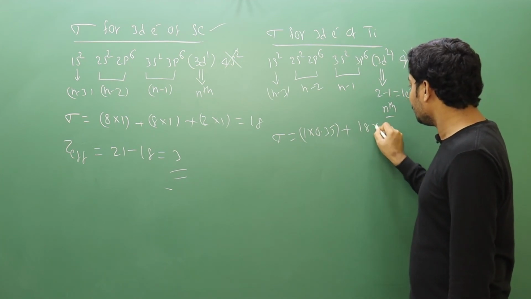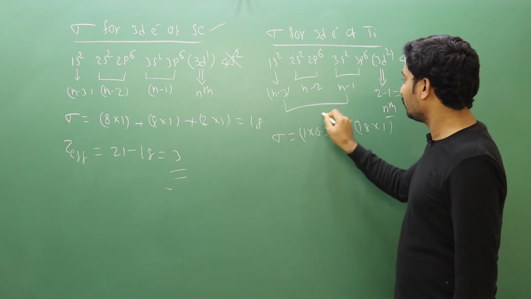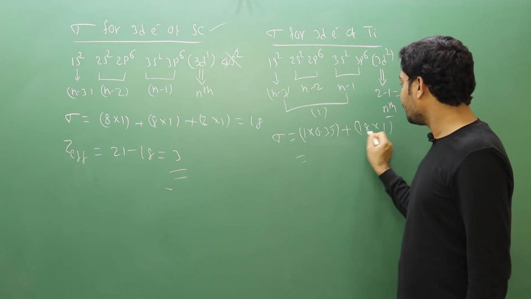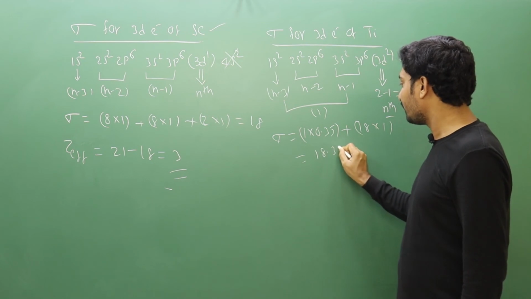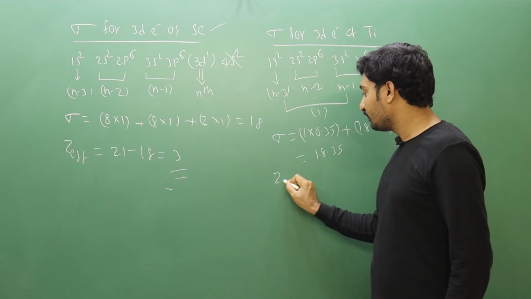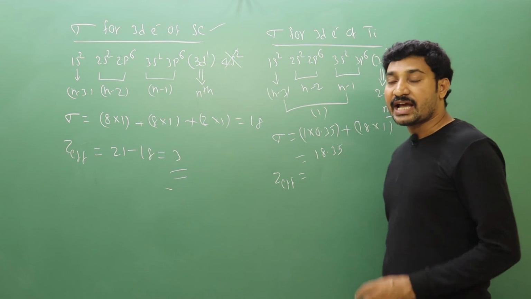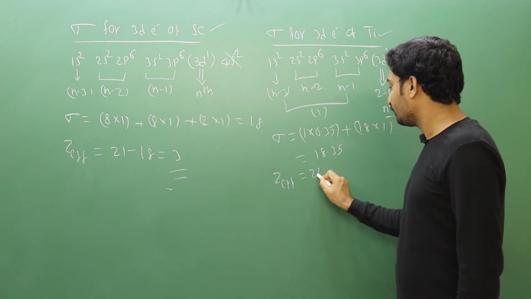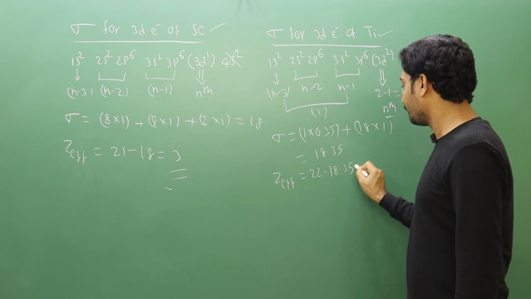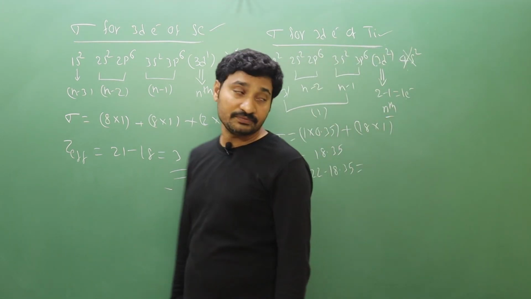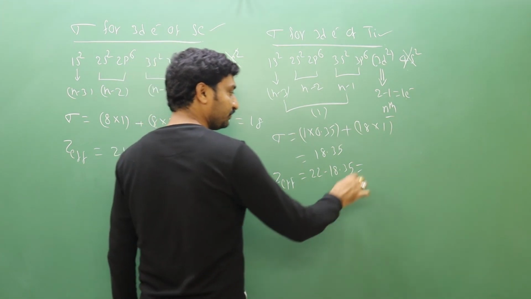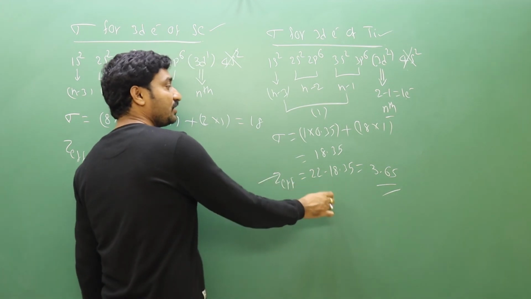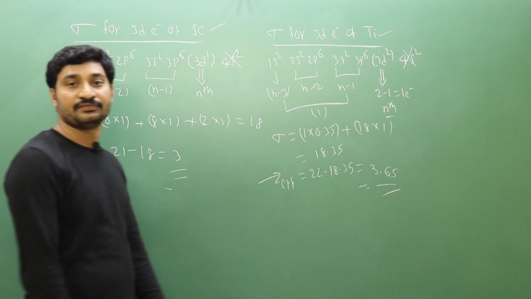So 18 into 1, giving 18 plus 0.35, 18.35. That is sigma. Then Z effective is the atomic number 22 of titanium minus 18.35, which is 3.65. Clear? So this is the value for Z effective.